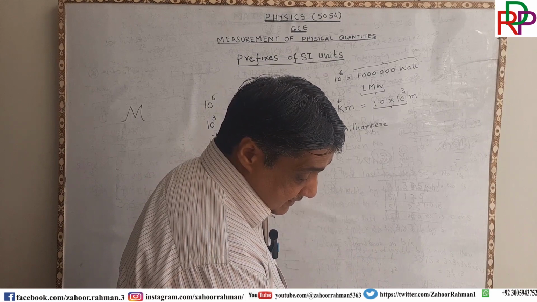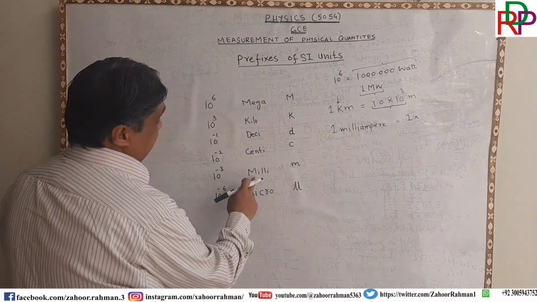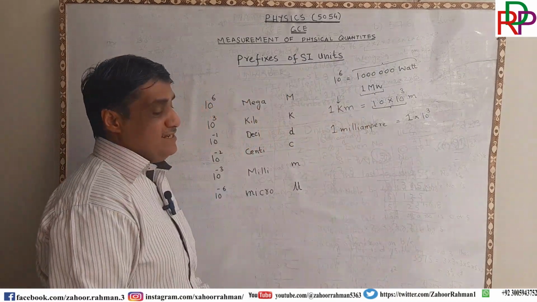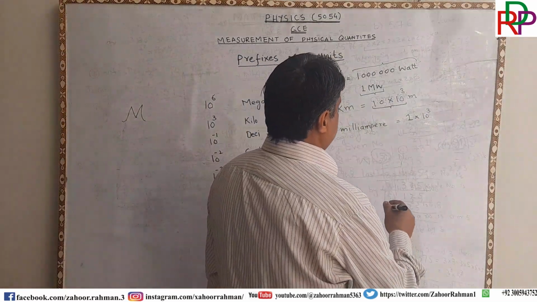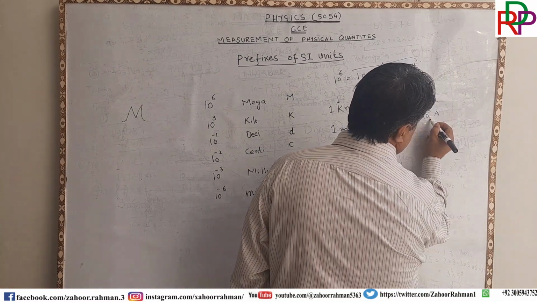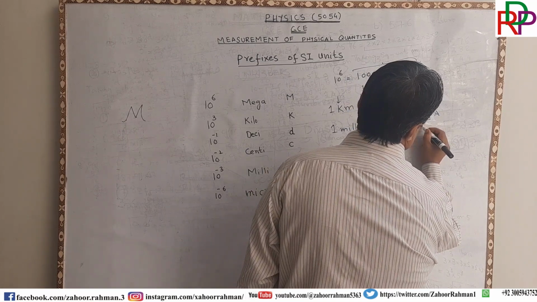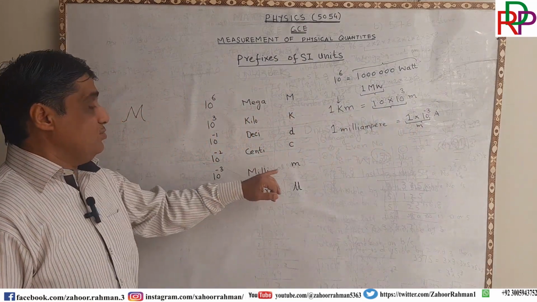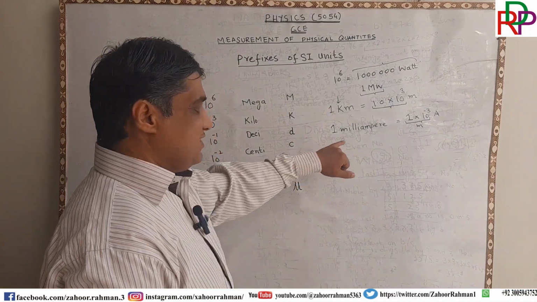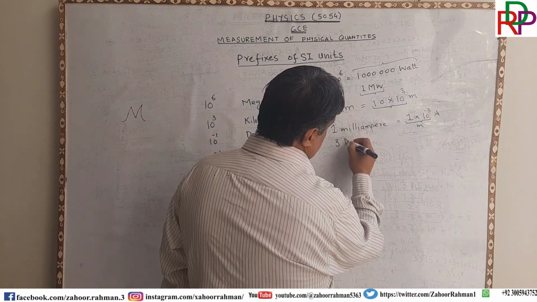So if we are writing 1 milliampere, that will be equal to 1 into 10 raised to the power minus 3 ampere, because milli is denoted by m, as you can see here that m is the symbol used for milli, which is 10 raised to the power minus 3. And 10 raised to the power 6 is megajoule.